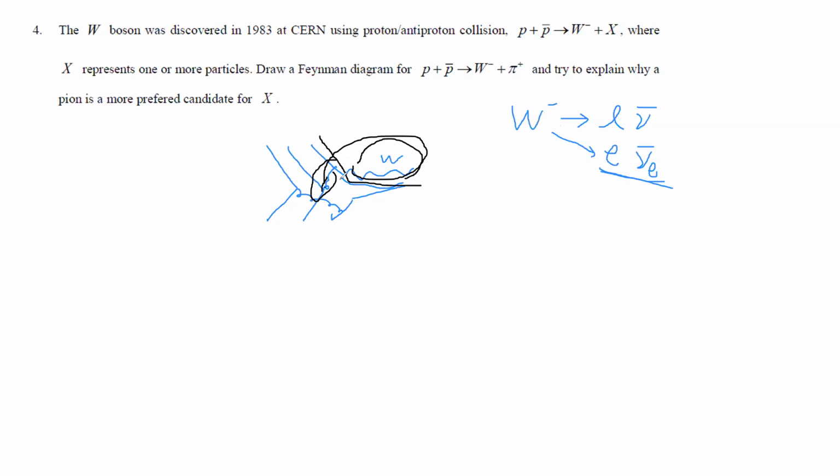About the connection of the gluon lines, I'm checking the slides.